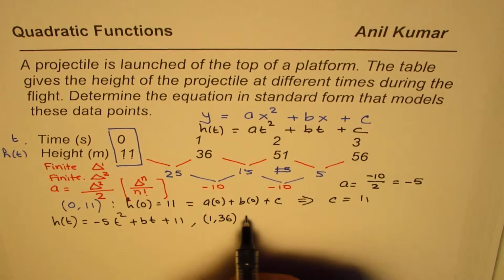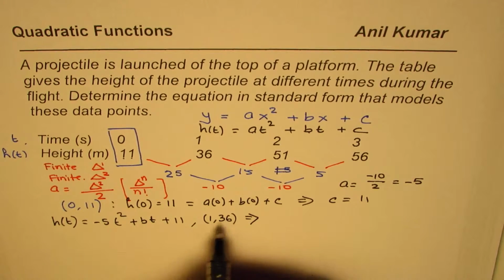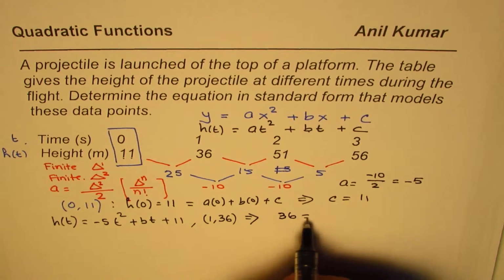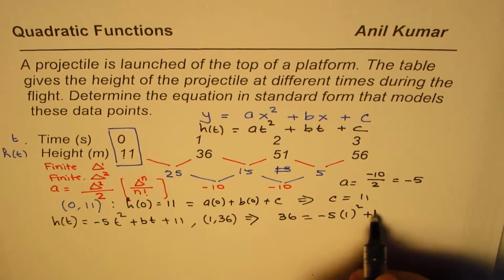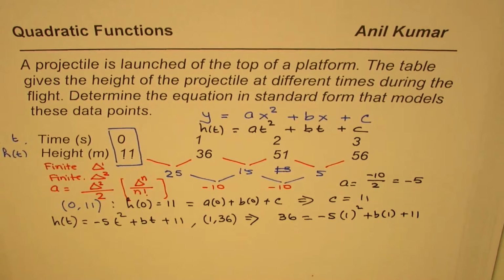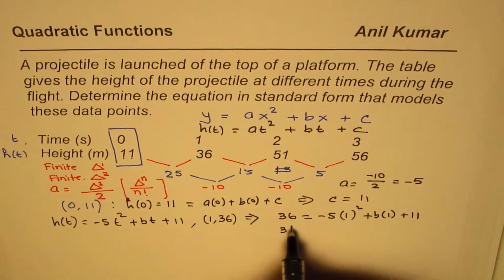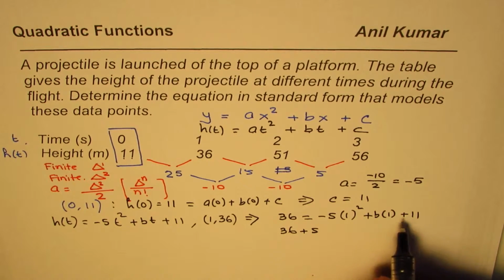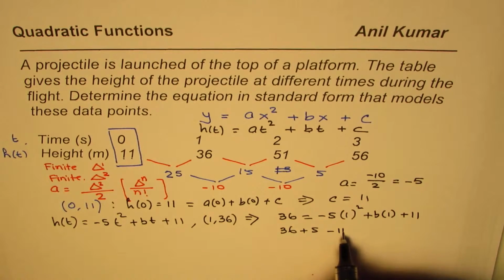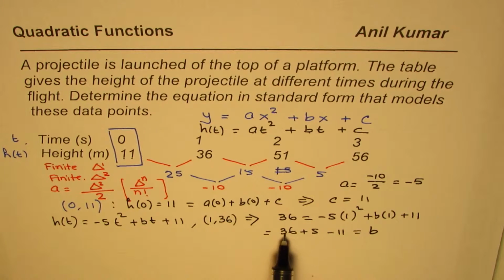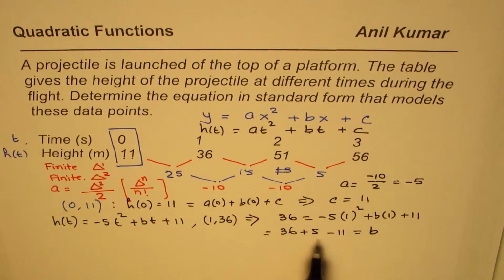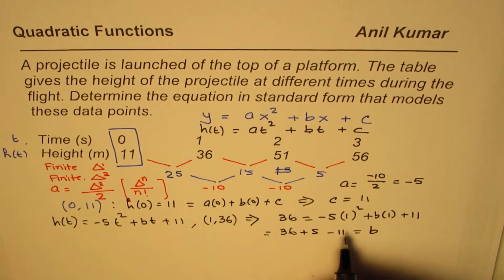So for t equals 1, the height is 36. We can write 36 equals minus 5 times 1 squared plus b times 1 plus 11, right? Solving, bringing minus 5 to the right is plus 5, bringing 11 to the left, 36 plus 5 minus 11 equals b. 36 plus 5 is 41. 41 minus 11 is 30.